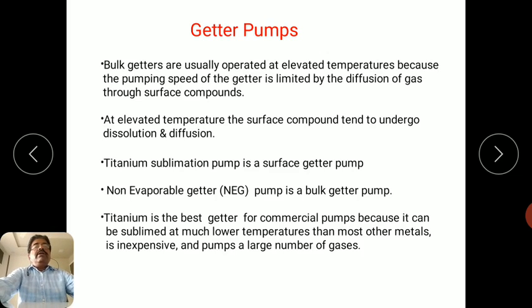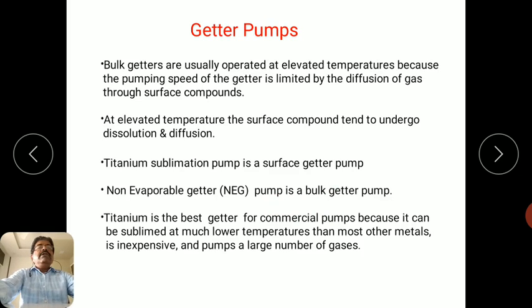Now, titanium is an important metal; if it is used as a surface getter, then that pump is called a titanium sublimation pump. The other type, where bulk getter material is used, is called a non-evaporable getter pump, NEG pump. The study of the titanium sublimation pump is included in your syllabus.